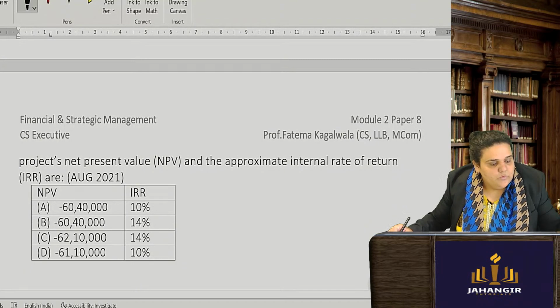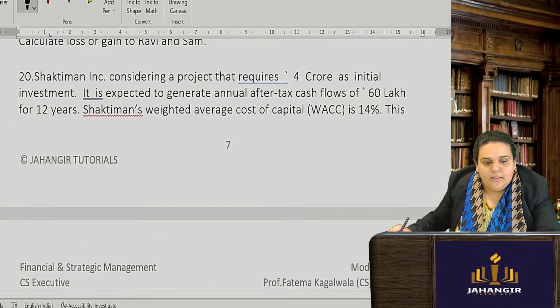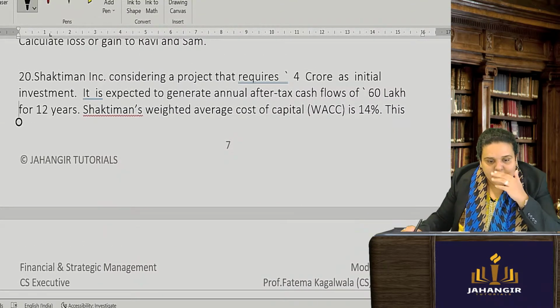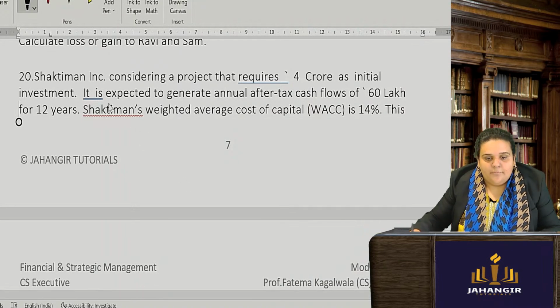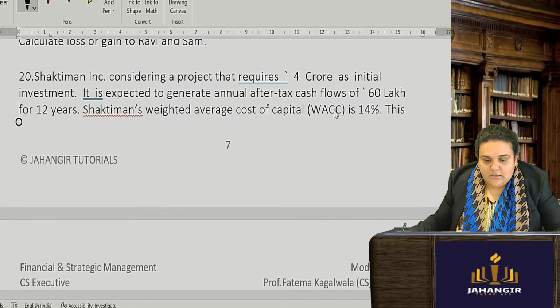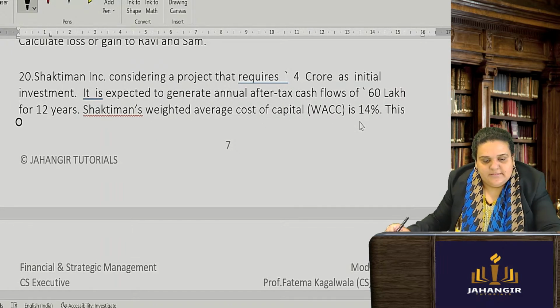Now coming to sum number 20. Shaktiman Incorporation is considering a project that requires 4 crores as initial investment. It is expected to generate annual after tax cash flows of rupees 60 lakhs for 12 years. Shaktiman's weighted average cost of capital is 14%.